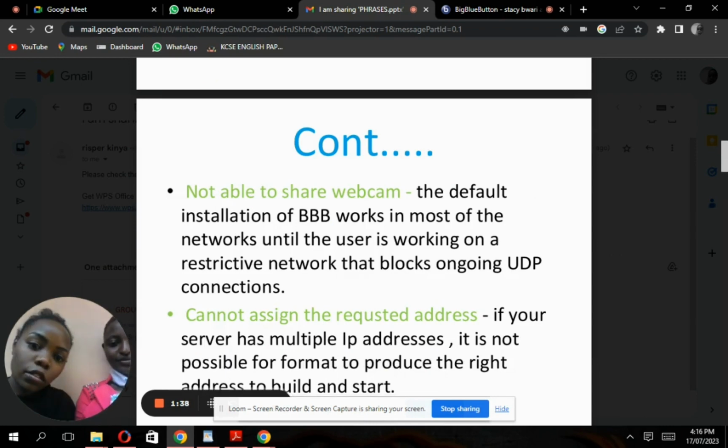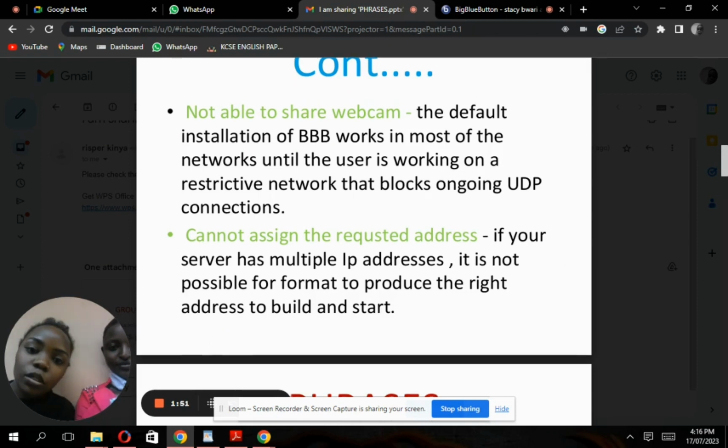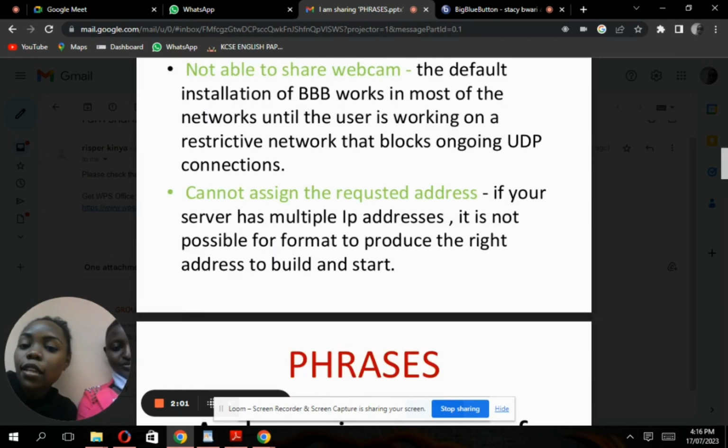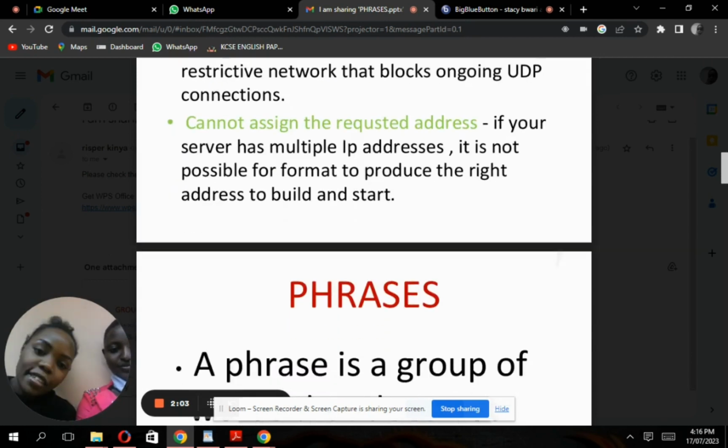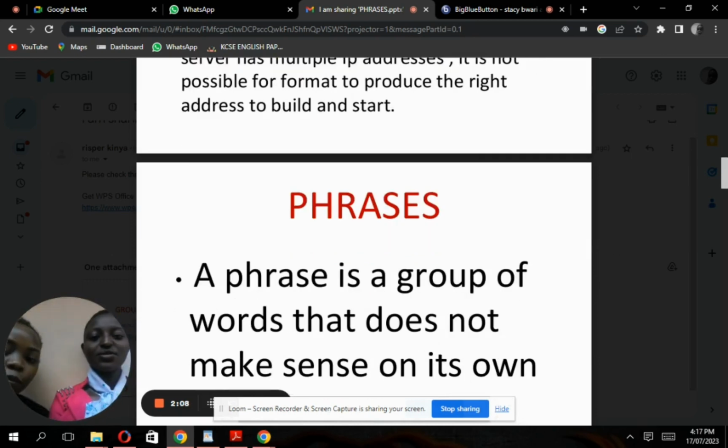Sometimes the default installation of Big Blue Button works with most networks until the user is working on a restrictive network that blocks ongoing UDP connections. It cannot assign the requested address. If your server has multiple IP addresses, it is not possible for it to produce the right address to build and start.